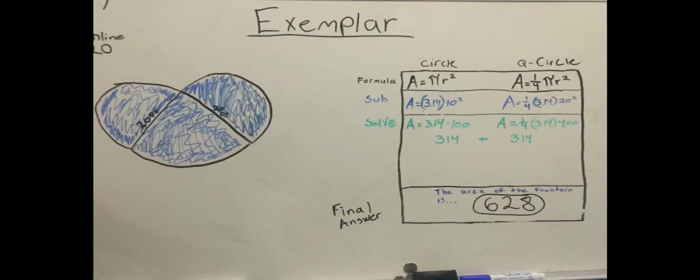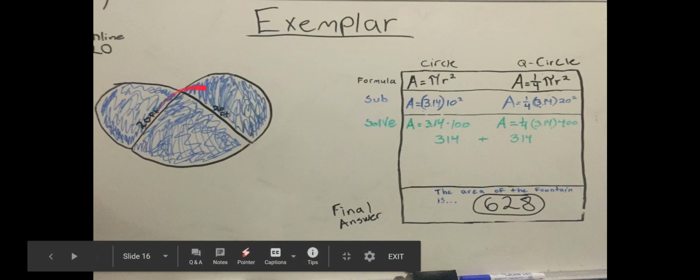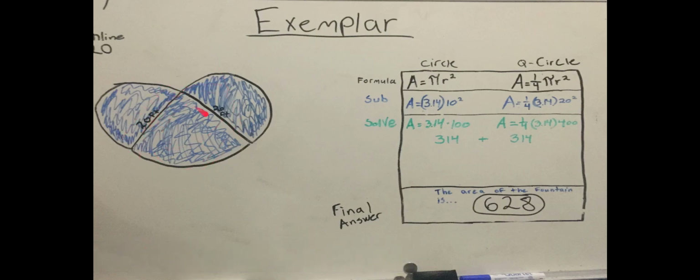Here's what I got. So, once again, I took the time out to draw out my fountain just to give you guys a visual of what we're working with. And I broke it down into 1 circle because I had a half and another half, and I put them together, and that gave me a circle.